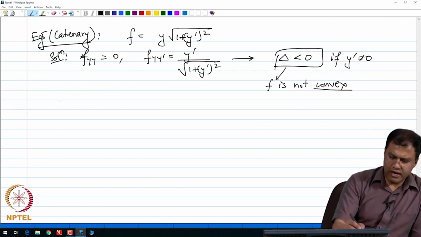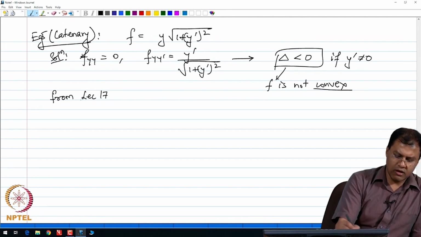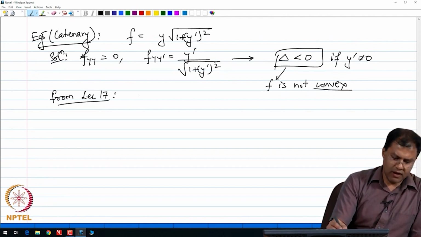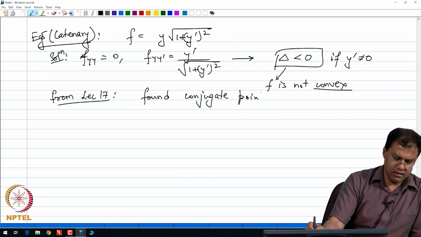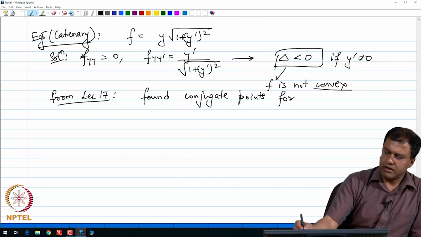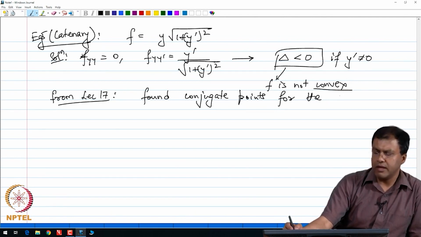In our notes from our previous lecture, we in fact found conjugate points for the extremal, guaranteeing that the extremal is not a minima or a maxima.